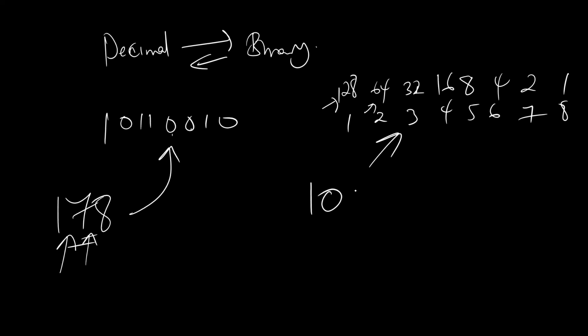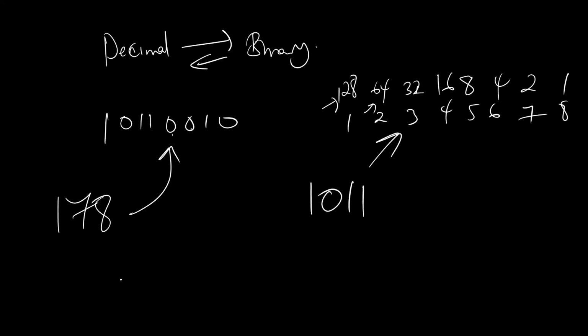Then if I add 32, 128 plus 32 is equal to 160. 160 is less than this number. So it means I can put a 1 there. Now I'm at 160. If I add 16, I get 176, which is less than 178.